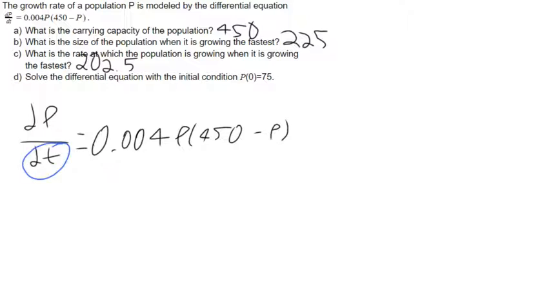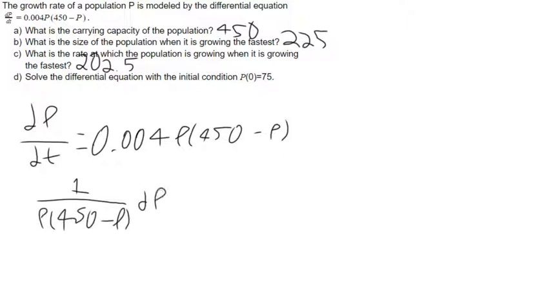So I will multiply both sides by this, and I will divide both sides by this. So when I do that, I will get 1 over p times 450 minus p dp equals 0.004 dt.